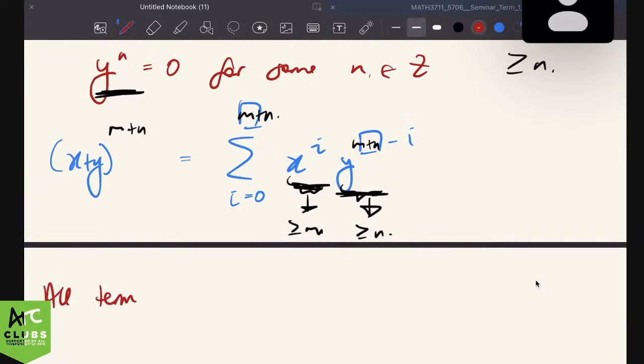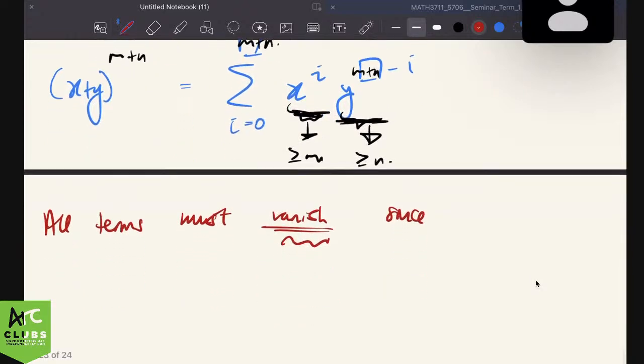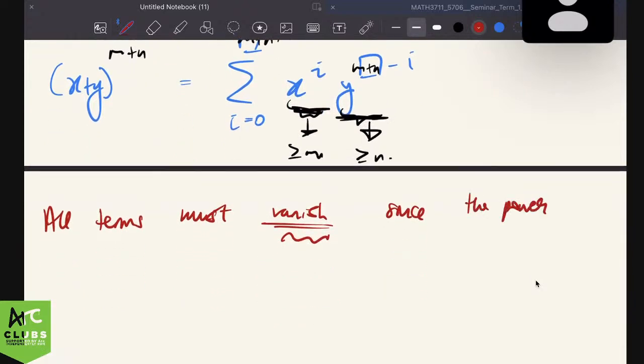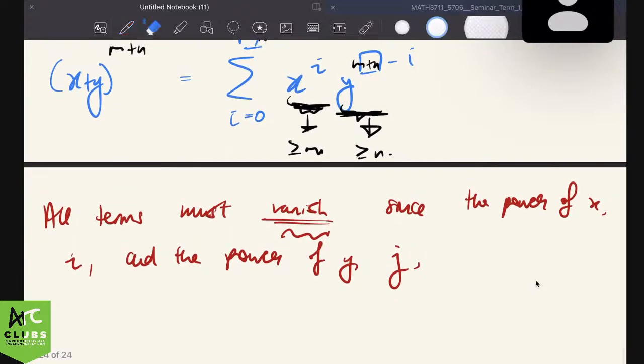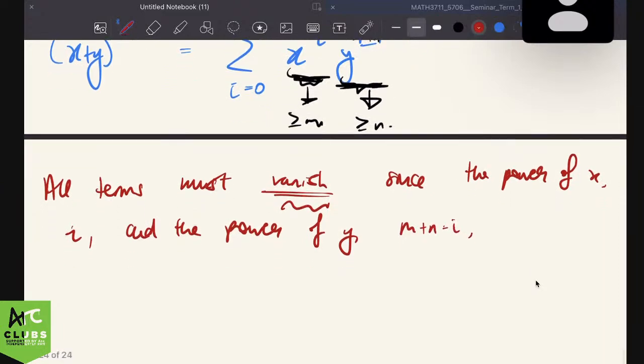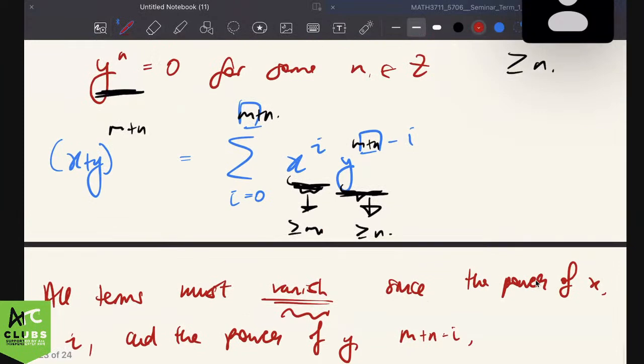All terms must vanish since the power of x, which is i, and the power of y, which is j, cannot both be less than m and less than n.